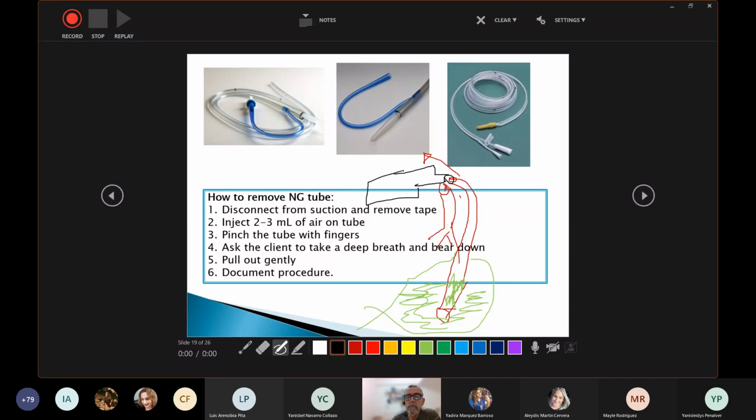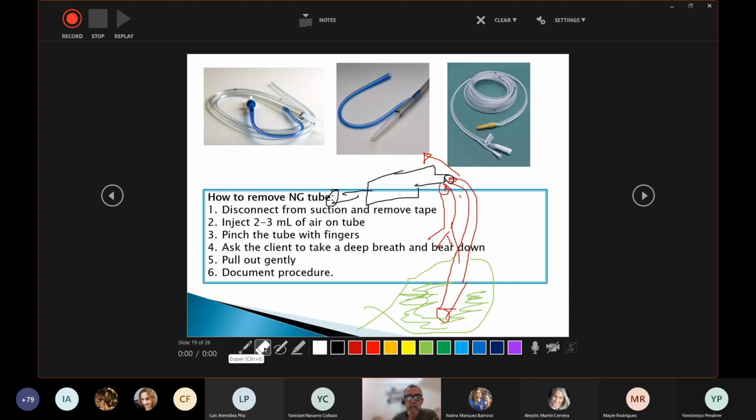And you are going to introduce a couple of milliliters of air to push this liquid out and have the tube empty with only air.